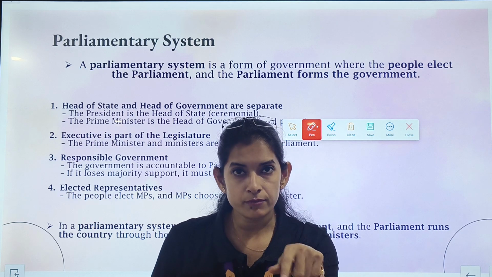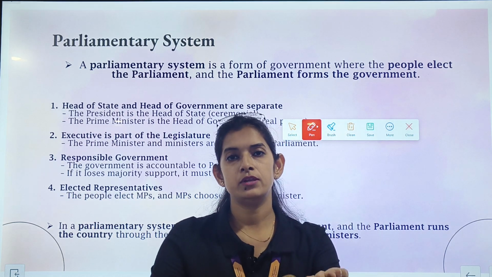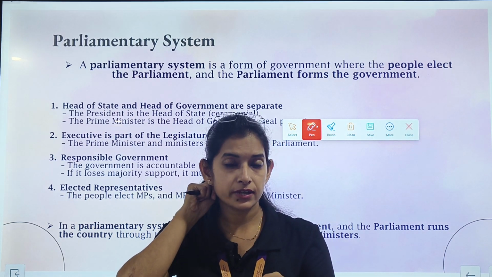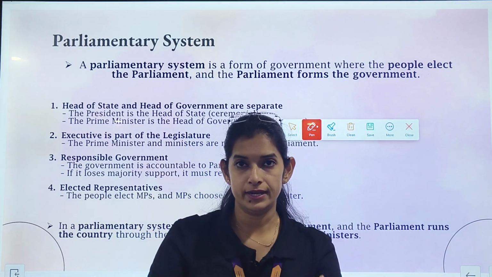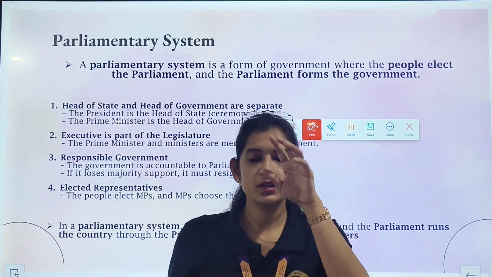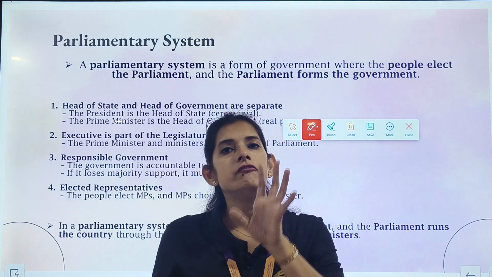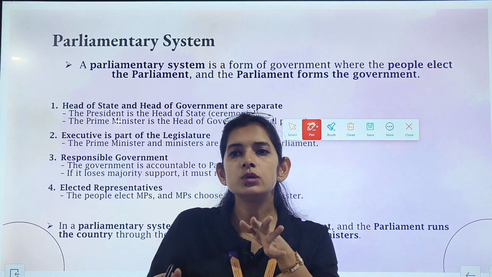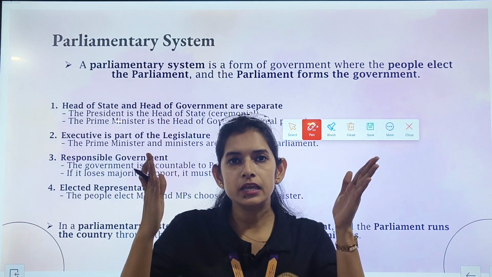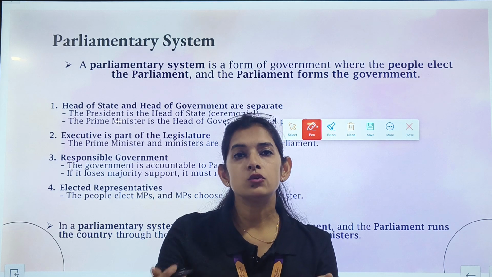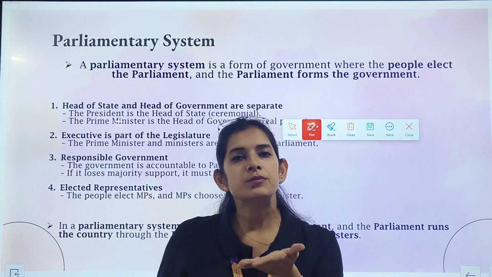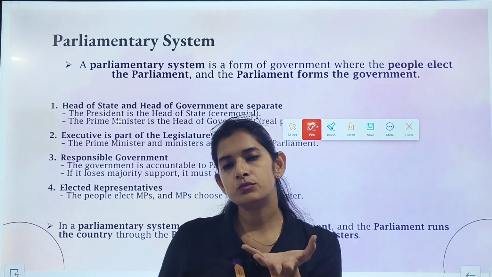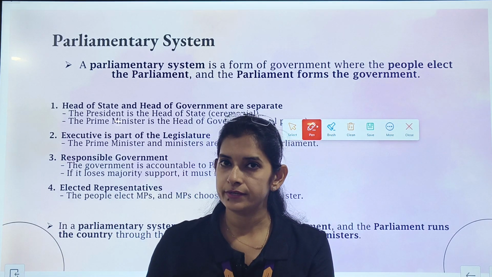They are chosen from the people, they work for the people, and all the rules and regulations they make are for the people only. Clear? Now, the question arises: where would those representatives sit, where would they think and make those policies? The place where those elected leaders reside is called the parliament.